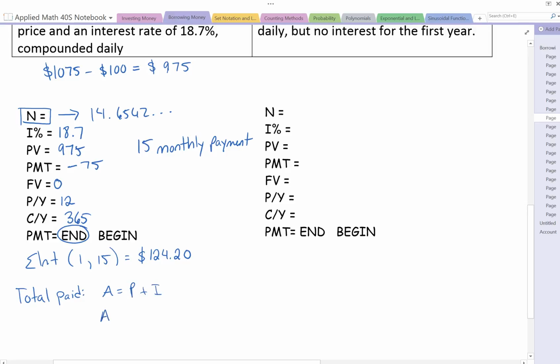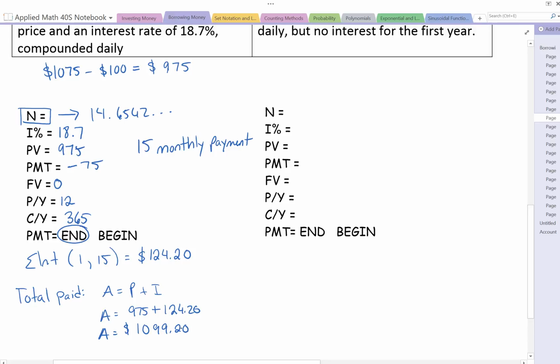So your principal was the $975 plus the $124.20. So you have paid $1,099.20. So the original ticket price on this furniture was $1,000, so you've paid an extra $99.20 from the ticket price, even with your rebate.